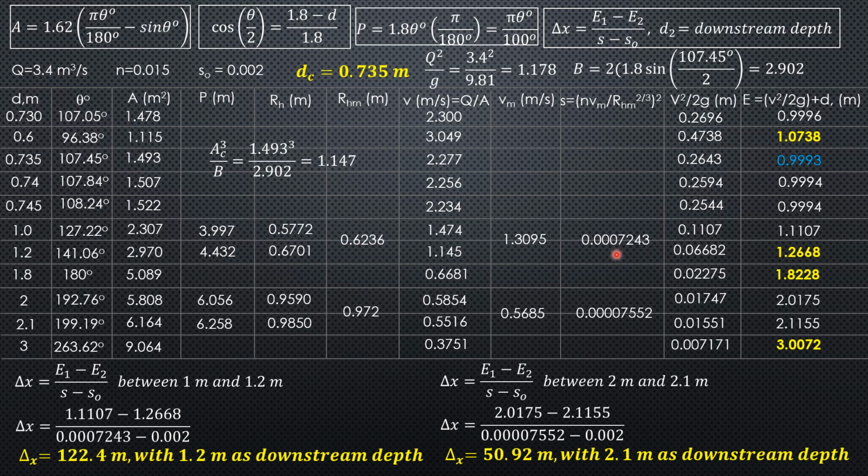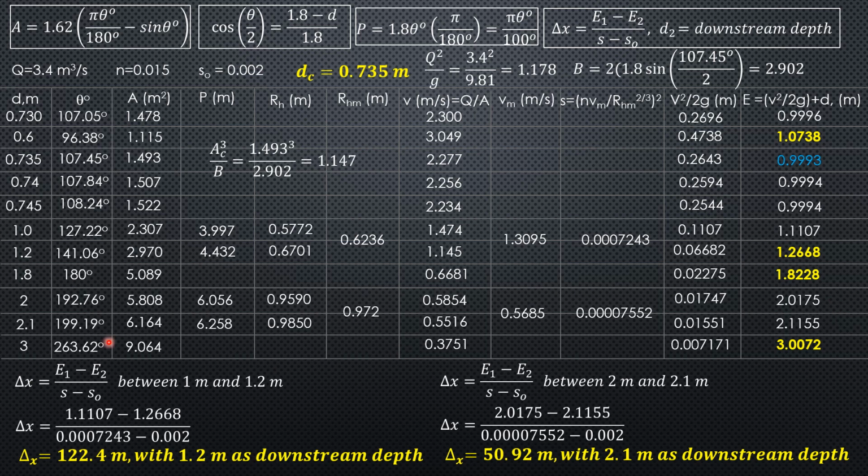Then S is 0.000723 minus SO 0.002. So everything is set up. You just substitute 1.1107 minus 1.2668 divided by 0.000723 minus 0.002. The answer is positive. So delta x is 122.4 with 1.2 meters as downstream depth. So that's the answer. Then distance between 2 and 2.1, delta x is 2.0175.